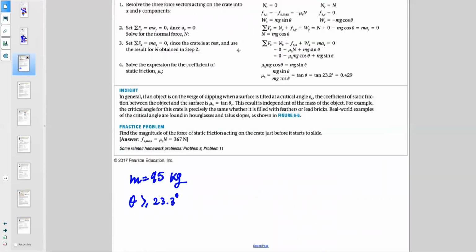So let's see. I have a bed tilted like that, this being the minimum requirement, and I have this box, mass m. Then I have mg being down, I have n being up, and I have an angle of theta.